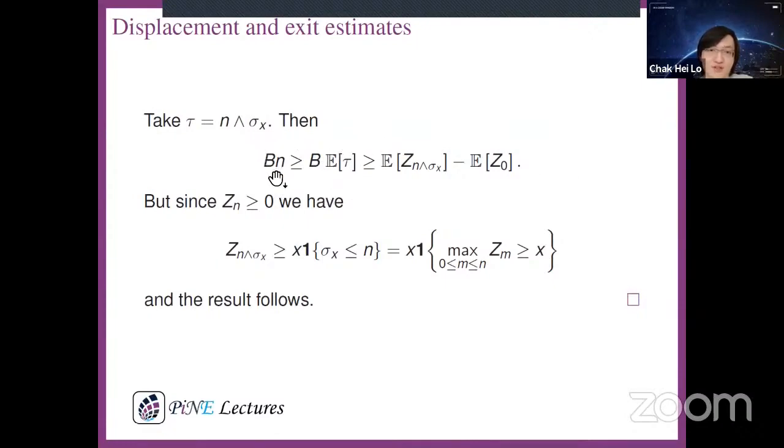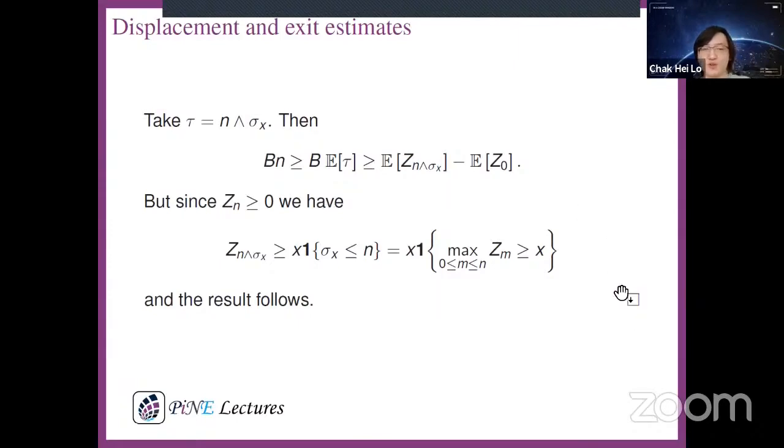So b times the expectation of tau is greater than or equal to this quantity here. But in our setup, we said that Z n is always greater than or equal to 0. So this quantity, Z n wedge sigma x, is just greater than or equal to x times the indicator function, which is essentially this when we write it out. This is exactly the same thing as saying this.